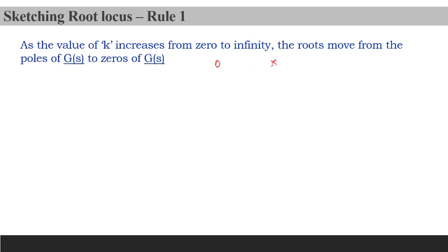Of course these poles are of G(s), which is our open loop system, or open loop poles. So these poles, obtained as an effect of this open loop, are called open loop poles, and the zeros obtained from G(s) are called open loop zeros. It's simply terminology. So we can say that the poles move towards the zeros.